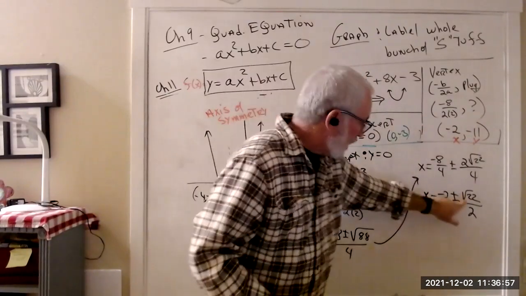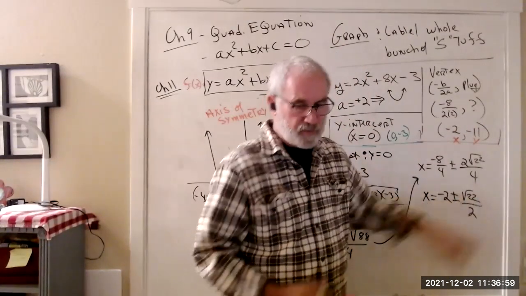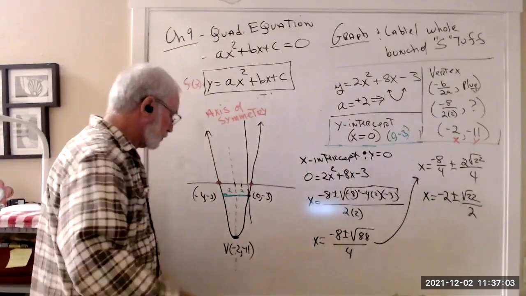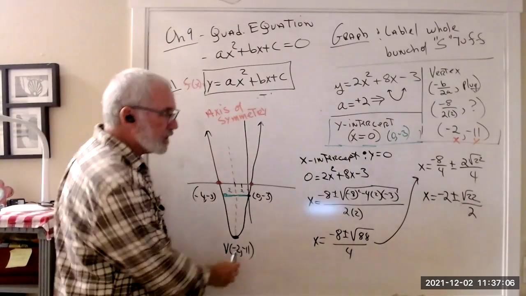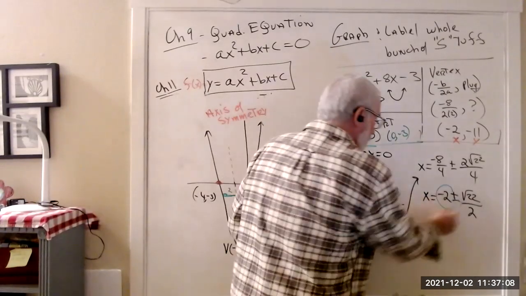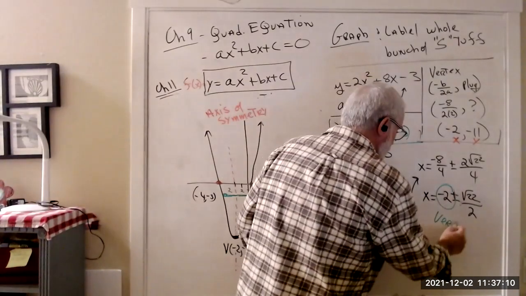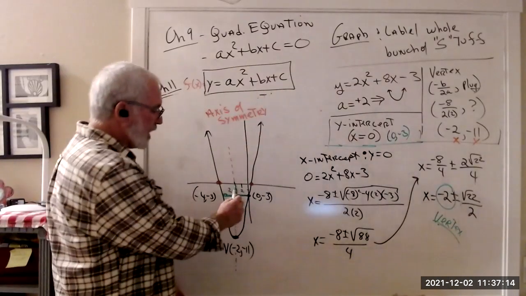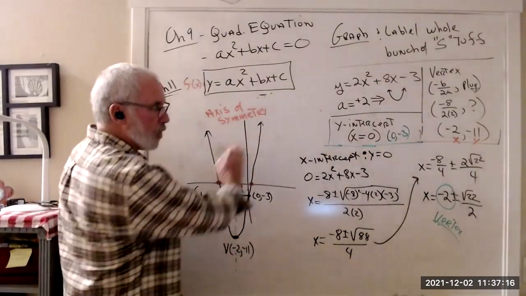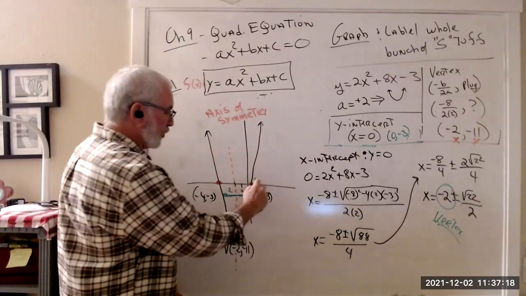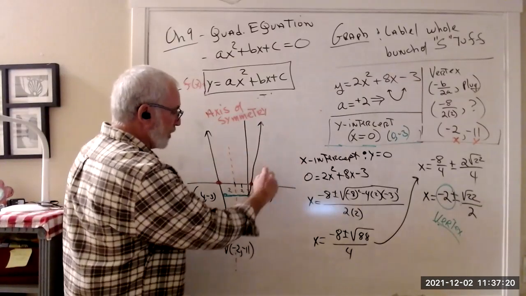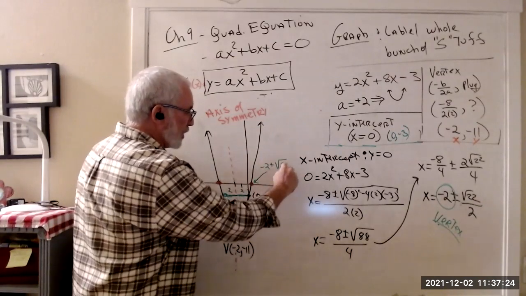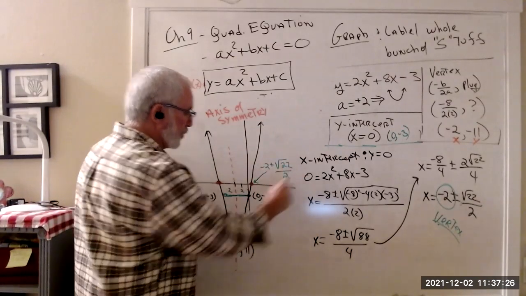The reason I like this is because it says, from the -2, remember, this is where our vertex was. From the -2, we go over radical 22. So this point here is -2 plus square root of 22 over 2.